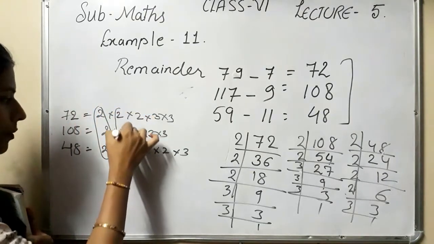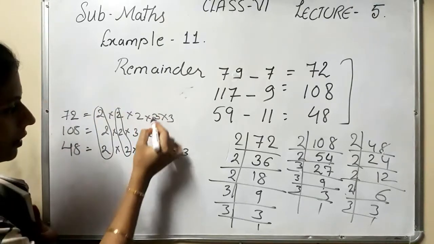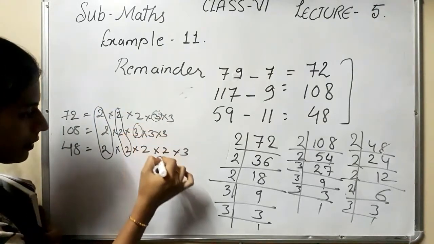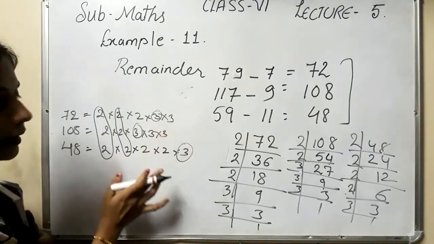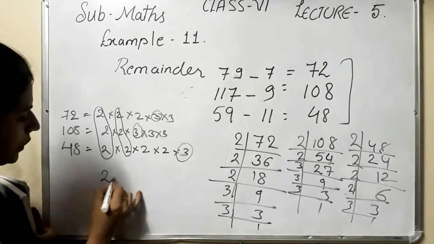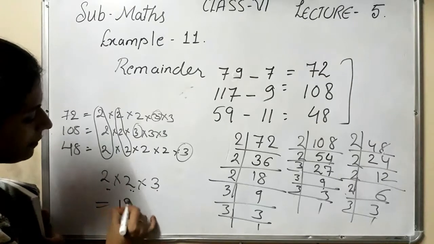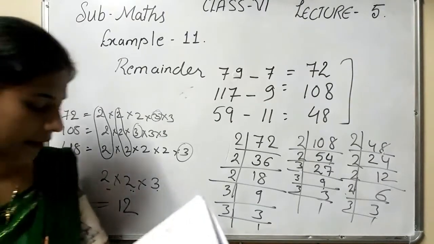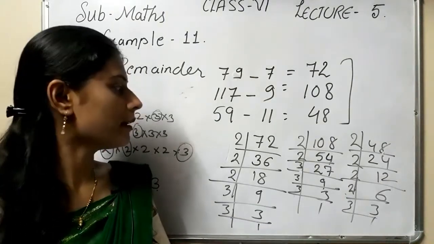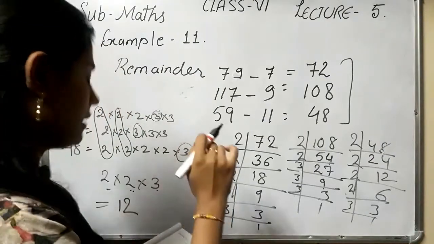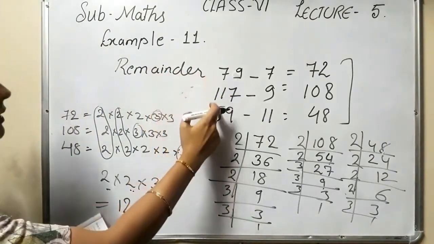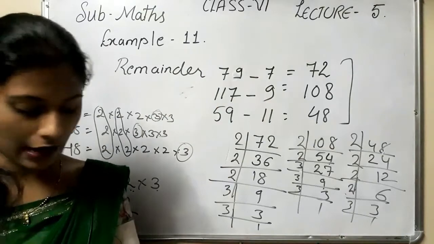Here also 2 is common in 3 of them. Now see, here 3, 3 and 3. Now again no factor is common in this. So 2 into 2 into 3. 2 2s are 4, 4 3s are 12. So 12 is the greatest number that will divide the numbers 79, 117 and 59.